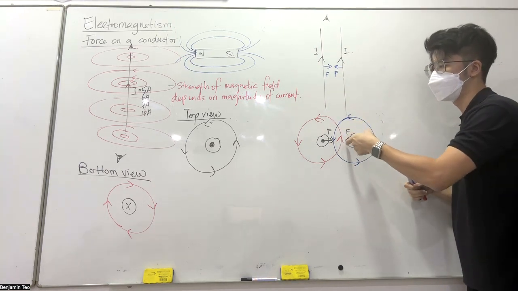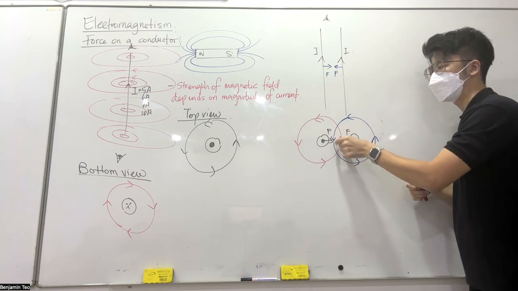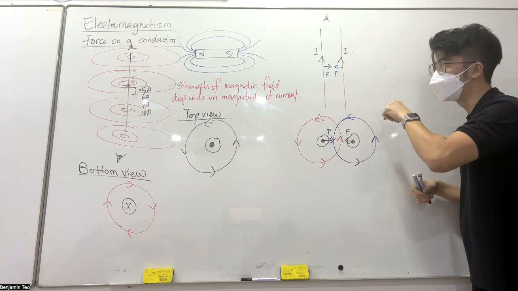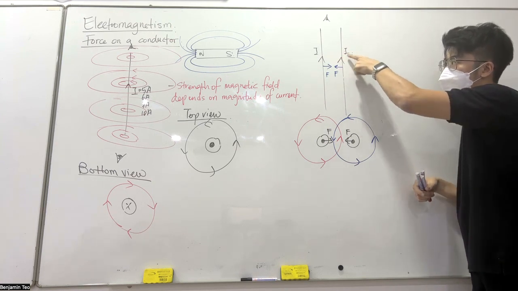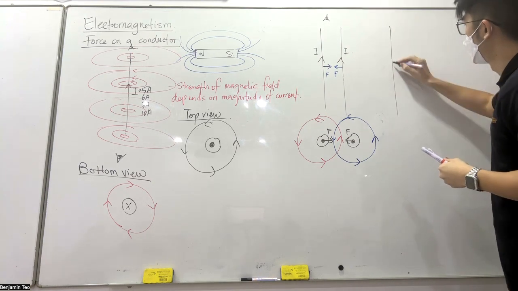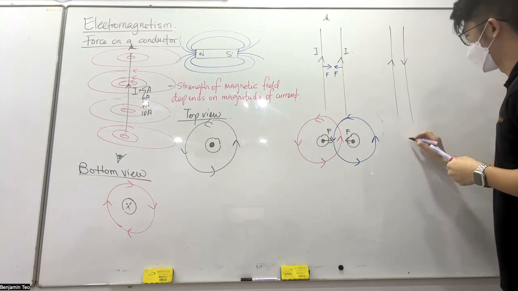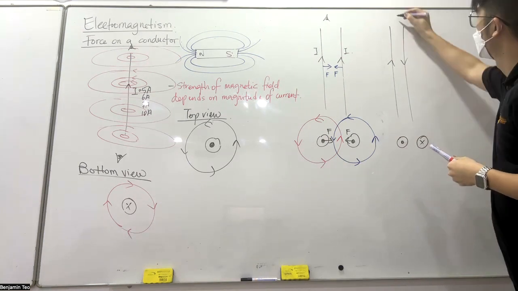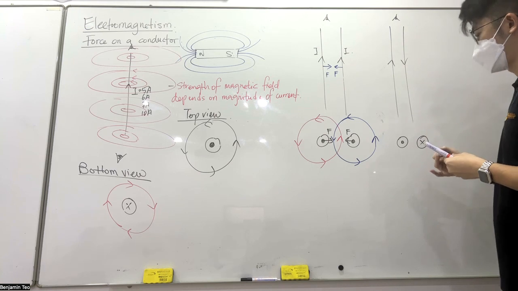We focus at the center, right? Because they cancel out, opposite directions. If I change my direction, this one is up and this one is downward. So my field changes. This one is dot. This one is X, seeing from the top.